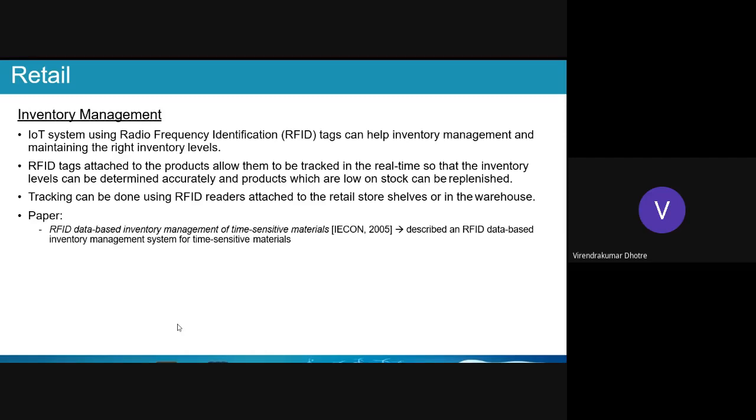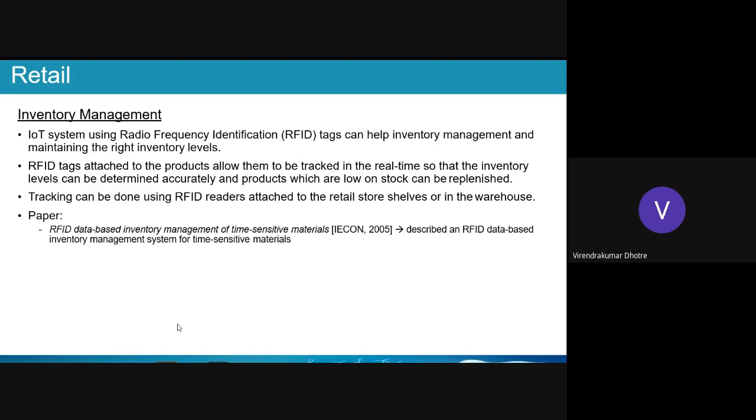This is done using RFIDs, radio frequency identification tags, which are attached to the products. Due to this, the products can be tracked in real time, so that inventory levels can be accurately maintained.